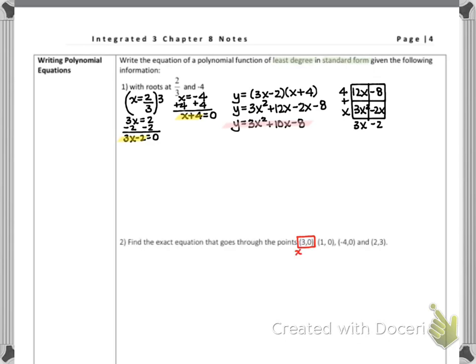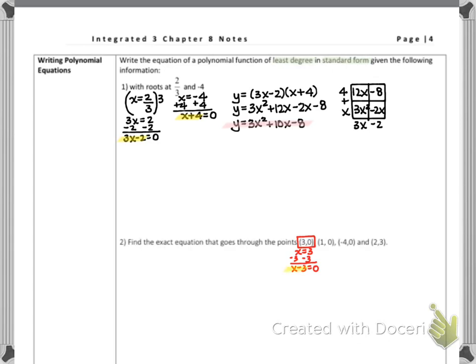I know that the x value is 3, so x equals 3 is a zero. I want to write it as a factor, so I'm going to subtract the 3 to the other side. So I get x minus 3 equals 0. Okay, so that is one of my factors.